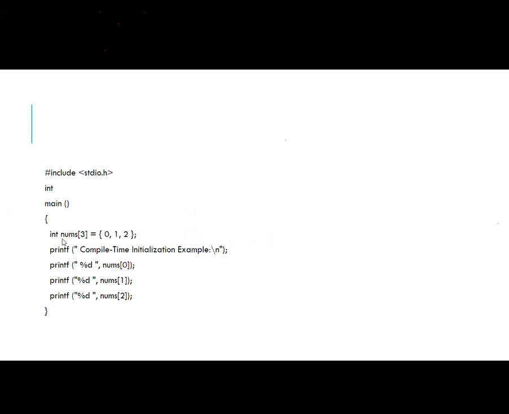So for example, I have an array. You can see here, the name of the array is nums. The size is 3, and it has values 0, 1 and 2.